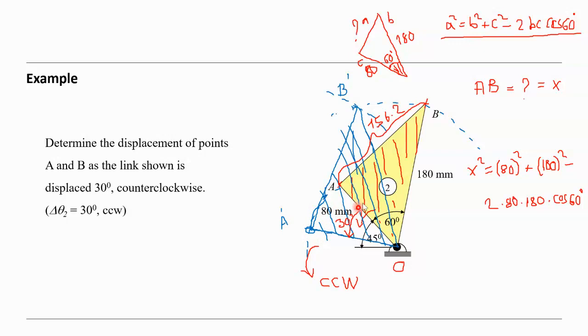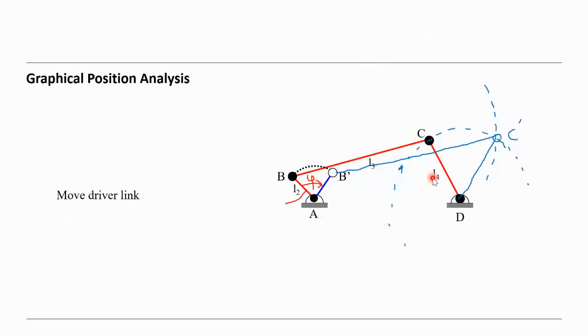Then using the compass again we can adjust the length AB, draw another circle like this, and find the B prime, and then we have the new position of the member 2 using the graphical way. Here we did the same without calculations.